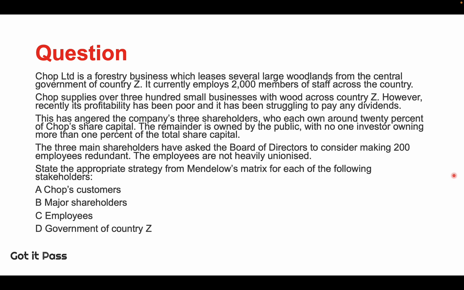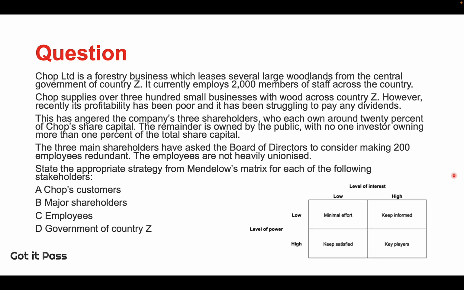So what are the strategies proposed by Mendelow's matrix for each of the stakeholders? Remember, we have four boxes or quadrants: key players, keep satisfied, keep informed, and minimal effort.